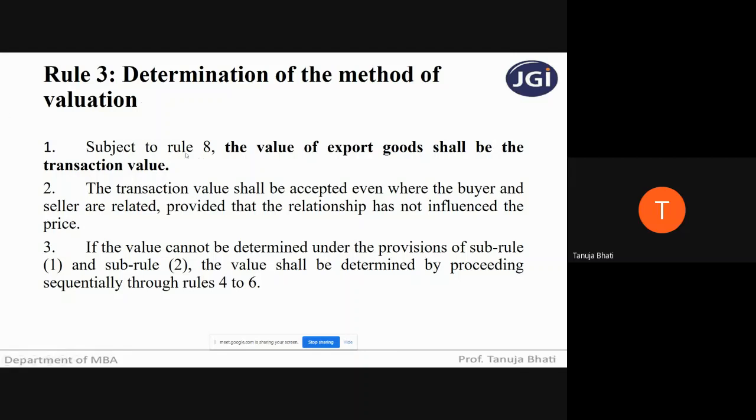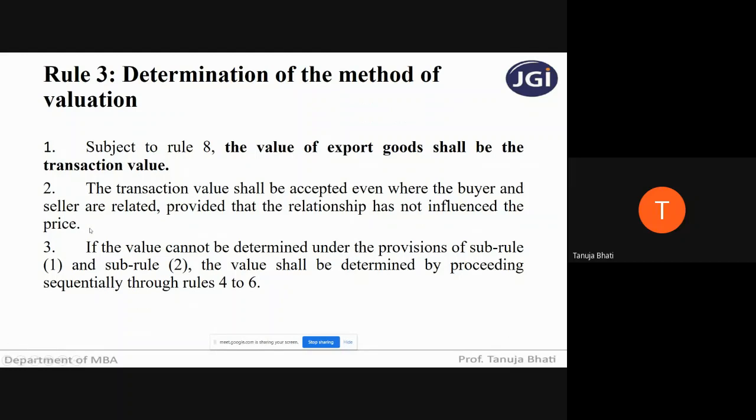So, subject to rule number 8, the value of export goods shall be the transaction value. So, always the value of exported goods is going to be the transaction value unless and until such value has been rejected by the customs authorities under rule number 8. Now, the transaction value shall be accepted even where the buyer and seller are related, provided that the relationship has not influenced the price.